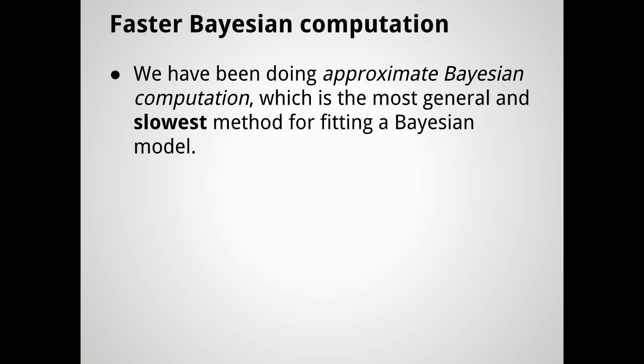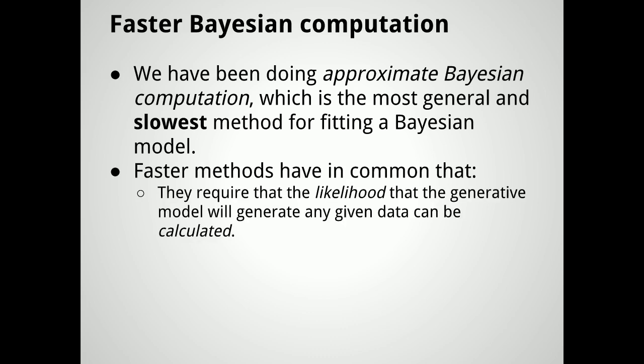But there are many faster methods for fitting Bayesian models that are faster because they take computational shortcuts. And these faster methods have in common that they require that the likelihood that the generative model will generate any given data can be calculated rather than simulated.